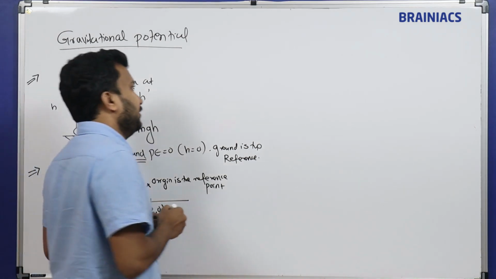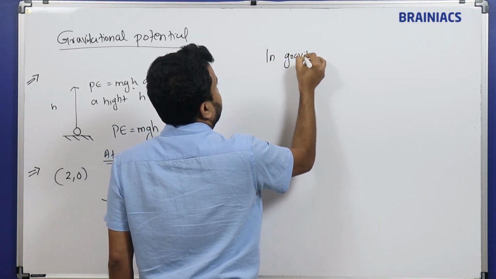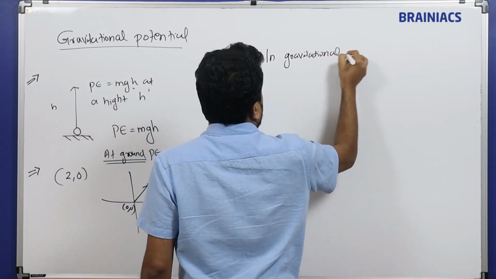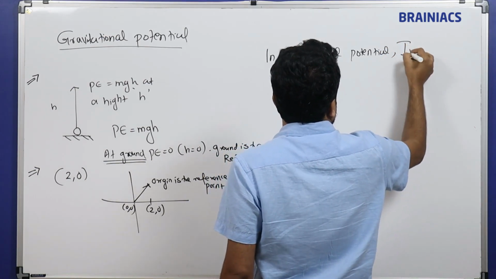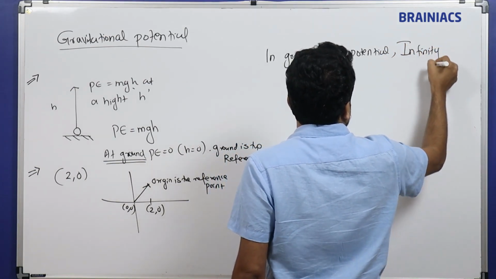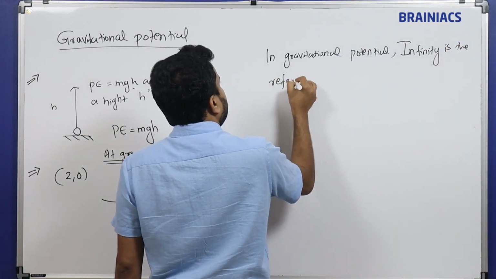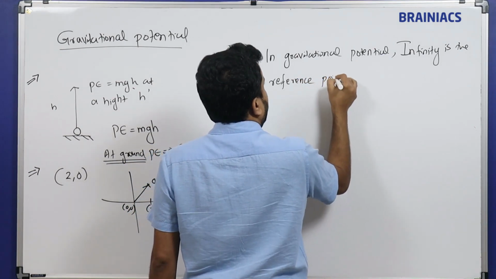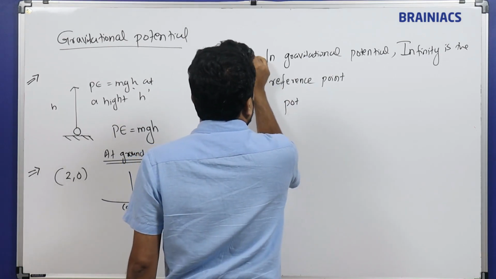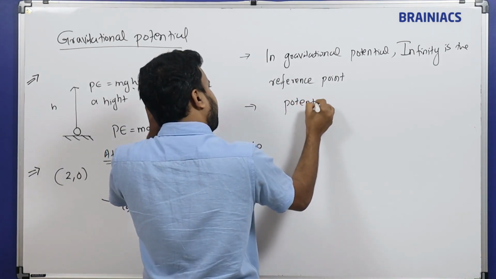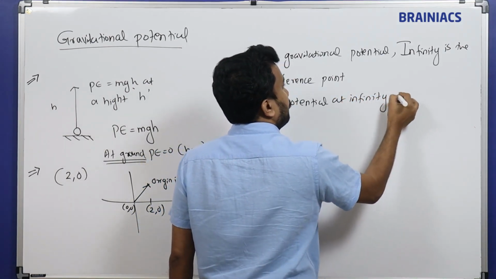Infinity is the reference point. So you can write, in gravitational potential, infinity is the reference point, which means we can say potential at infinity is equal to 0.